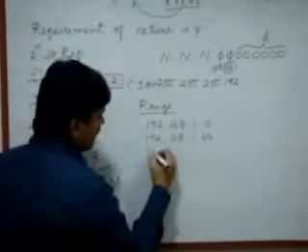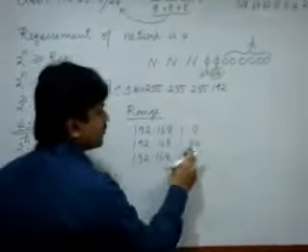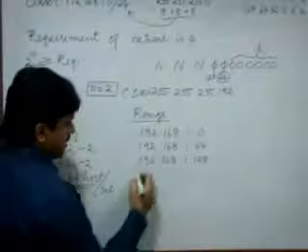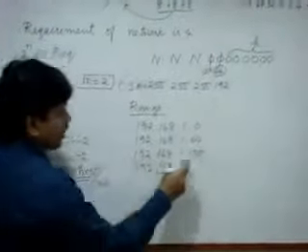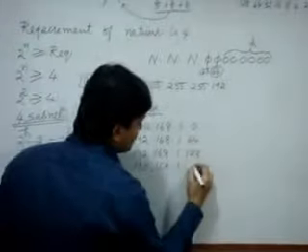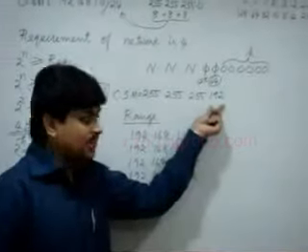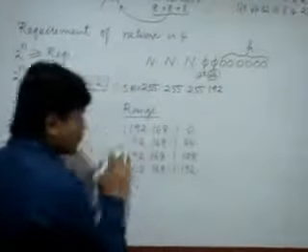Next, 192.168.1, and we add 64 to this 64, which gives 128. Next, 128 plus 64 is 192. We write down the ranges till 192, the customized subnet mask value of the last octet. Now these are 4 subnets.